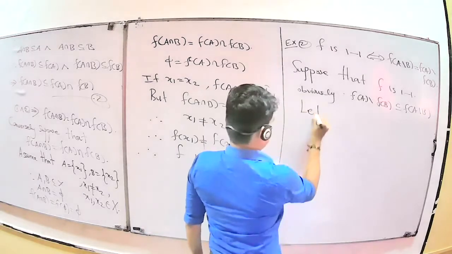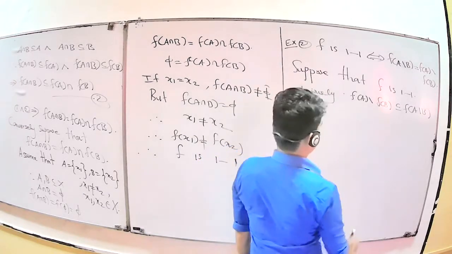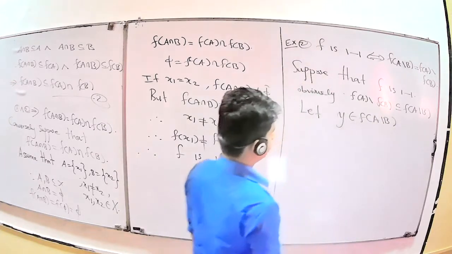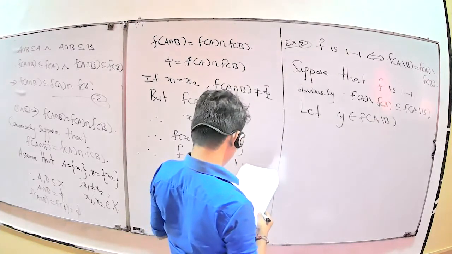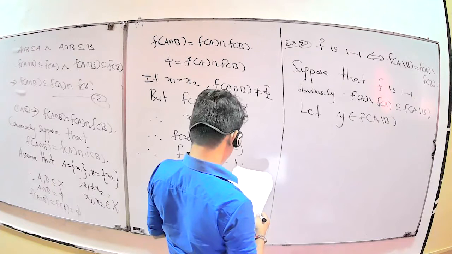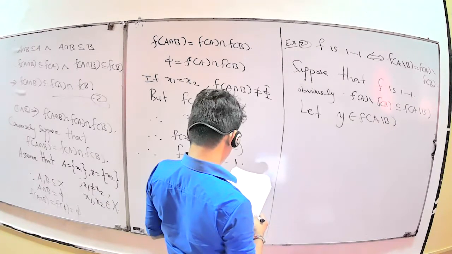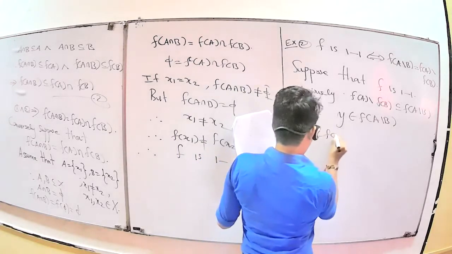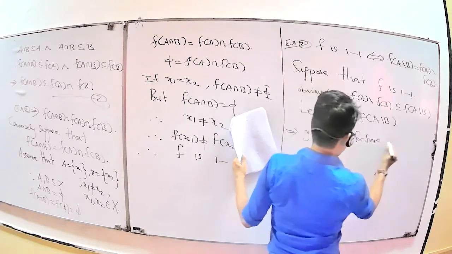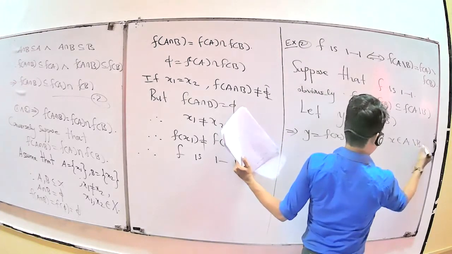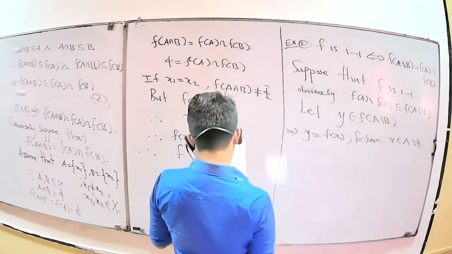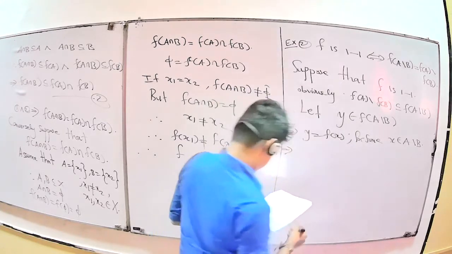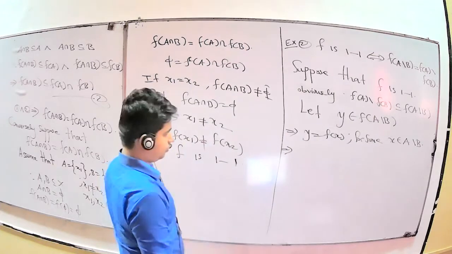Now you want to take one of the elements of this set, y belongs to f of A minus B. Therefore y equals f of x for some x belonging to A minus B. Now you take two elements for x.